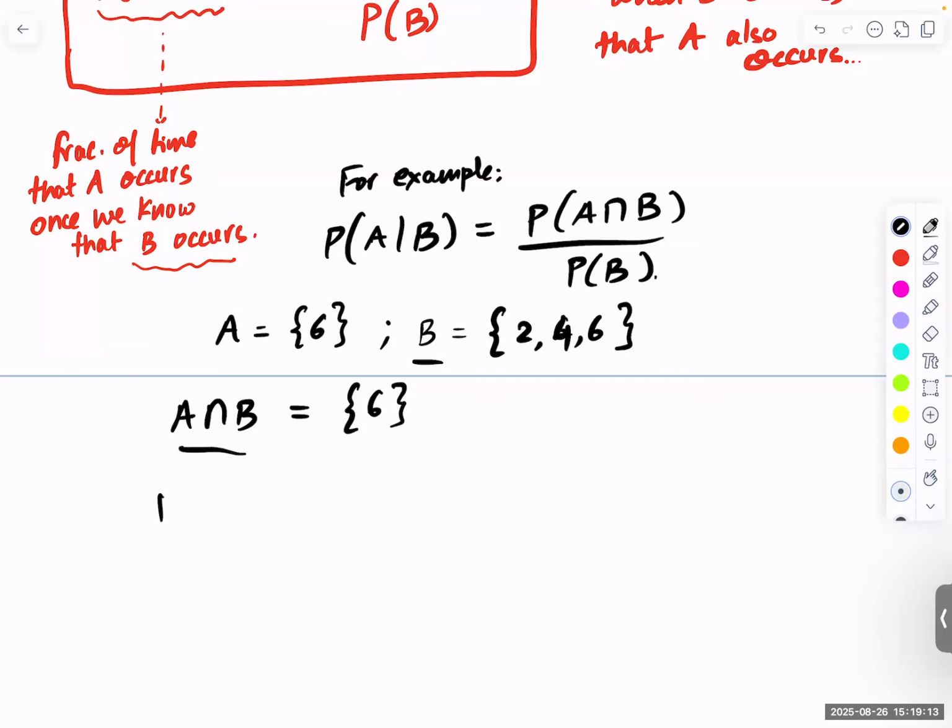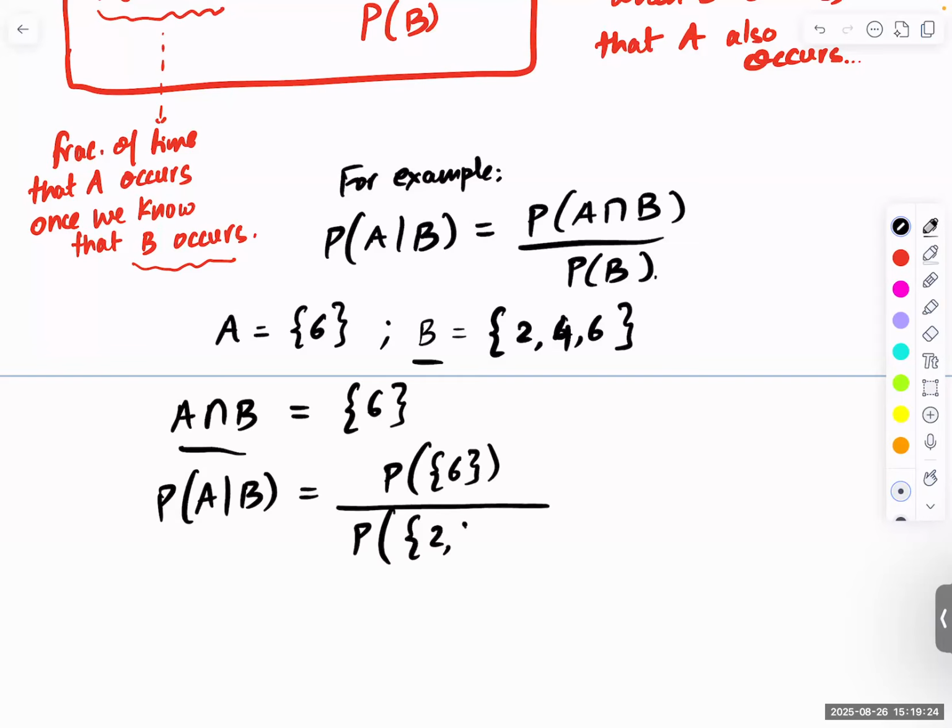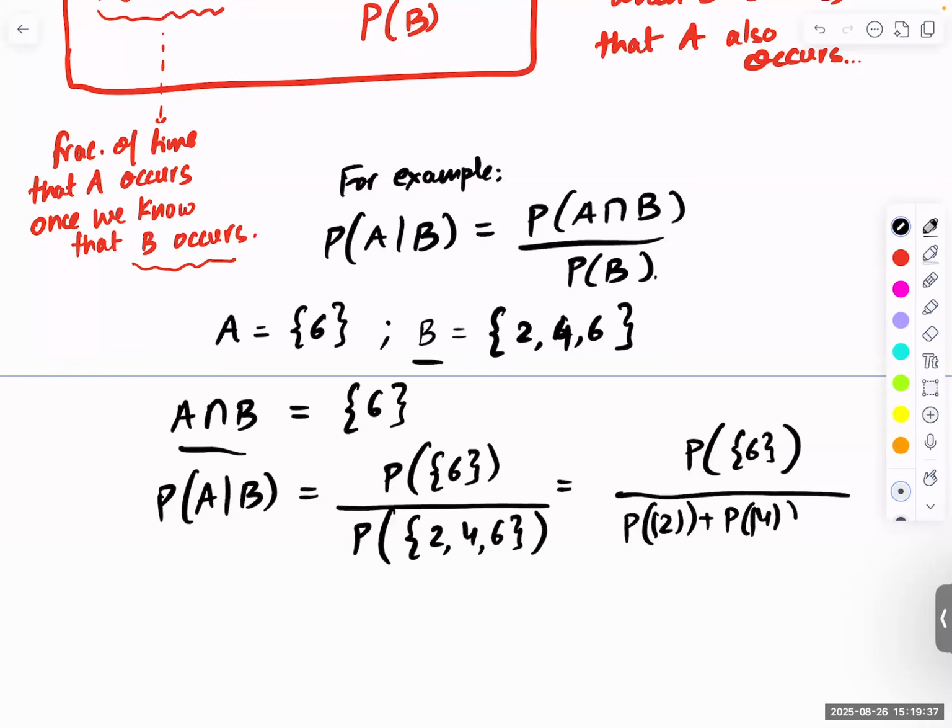So P(A given B) will be the probability of A intersection B, which is the probability of the outcome 6, divided by the probability of this set 2, 4, and 6. So this will be the probability of the outcome 6 divided by the probability of 2 plus the probability of 4 plus the probability of 6.